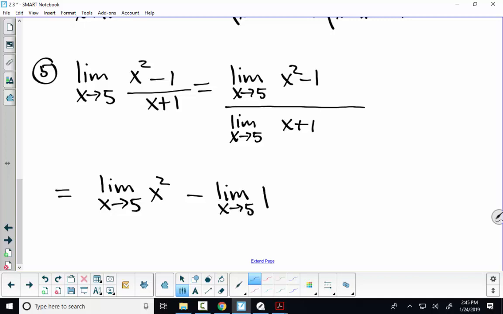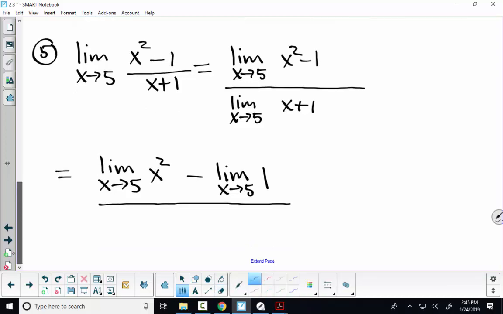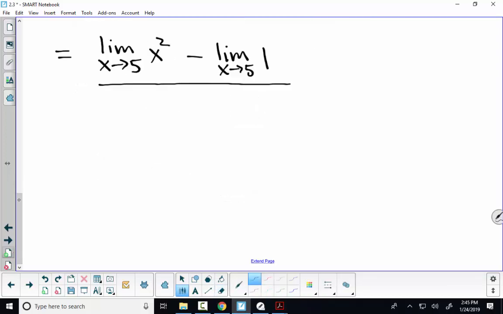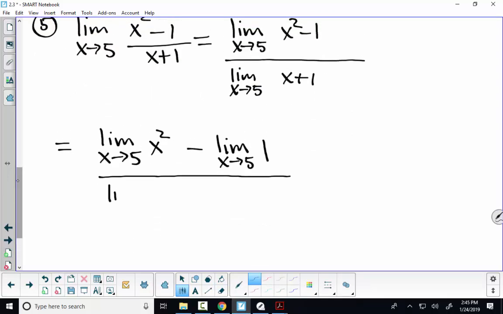Really we could view the numerator as the limit on x squared minus the limit on 1, distributing across the difference there. And then the bottom, across the sum.